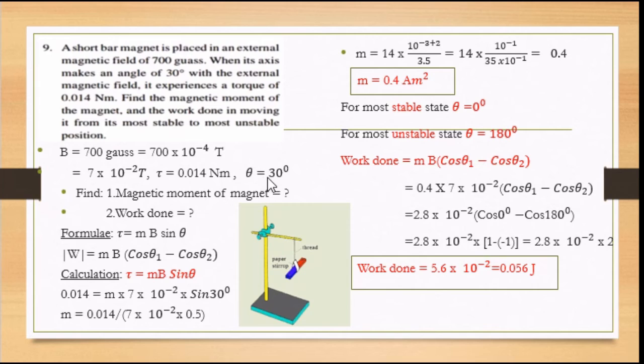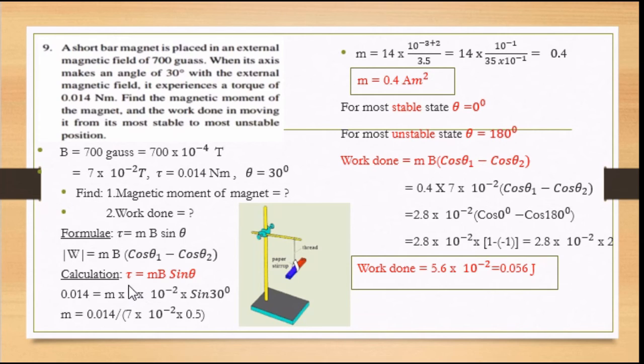We have to find out, first, the magnetic moment of the magnet, and secondly the work done. To solve the first part, the magnetic moment of the magnet, we will use the formula tau is equal to mB sin theta. Now the angle is 30 degree.